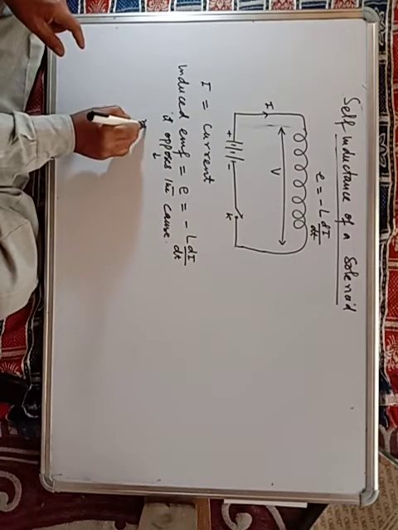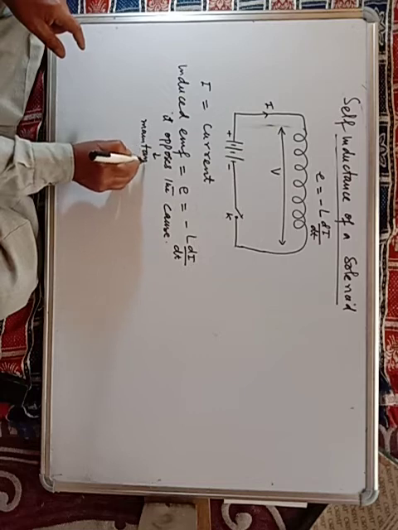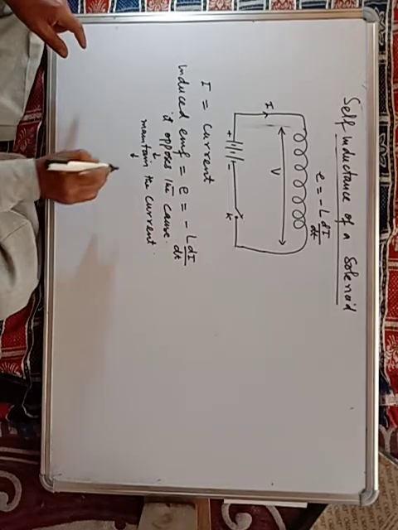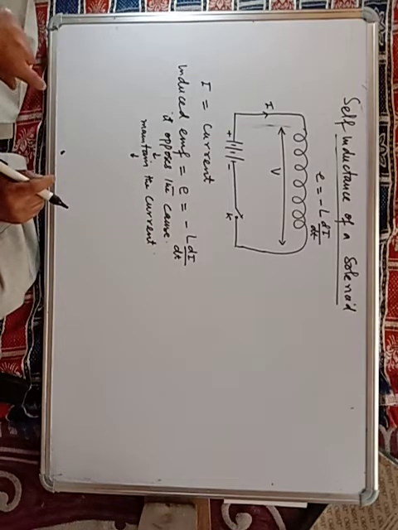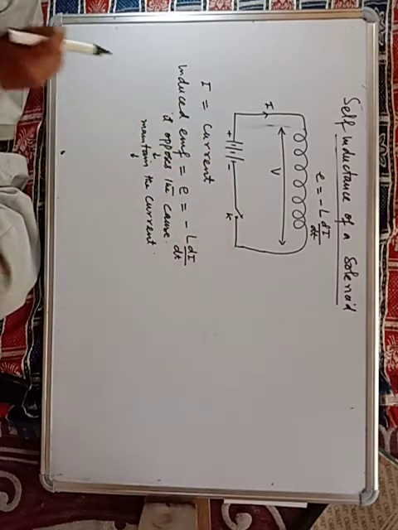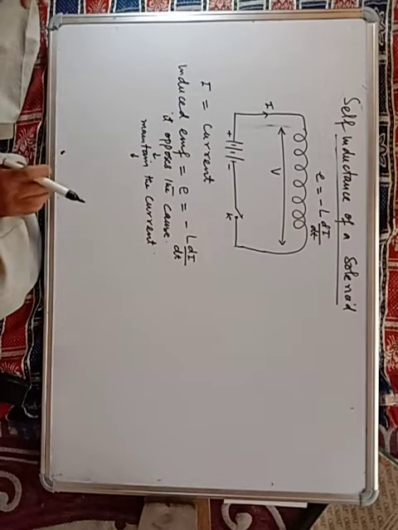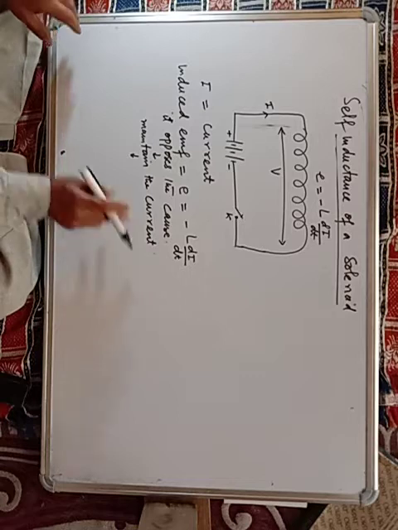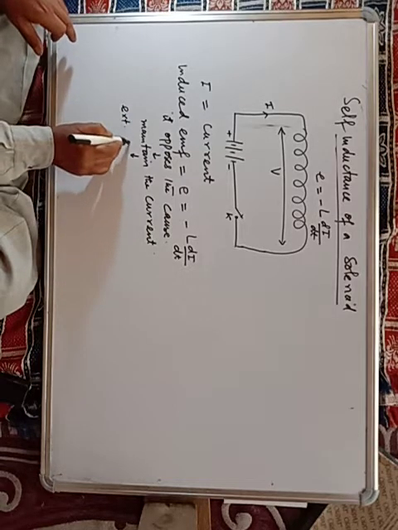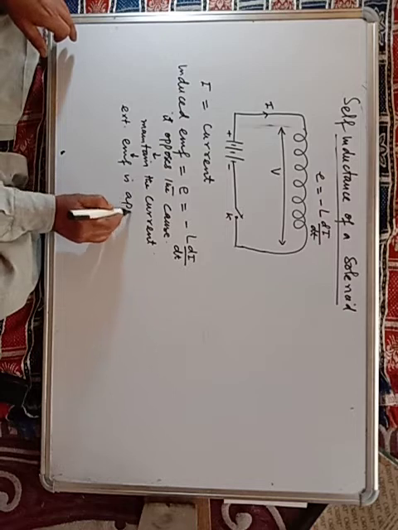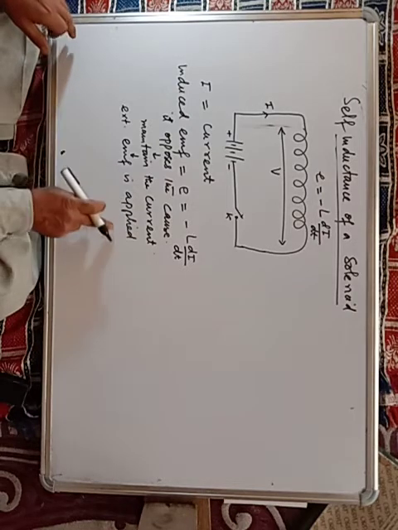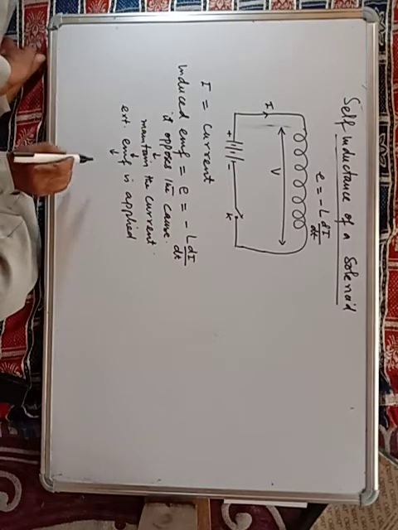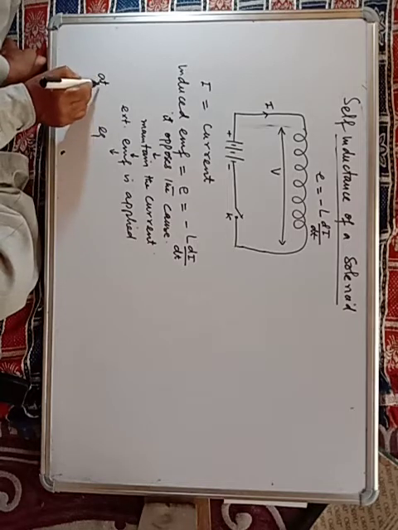So in order to maintain the current, what we have to do? External work done here is done by battery or a source of EMF. So in order to maintain the current, external EMF is applied, right? When external EMF is applied, that must be at least equal to induced EMF.